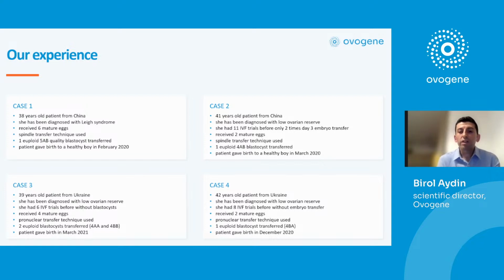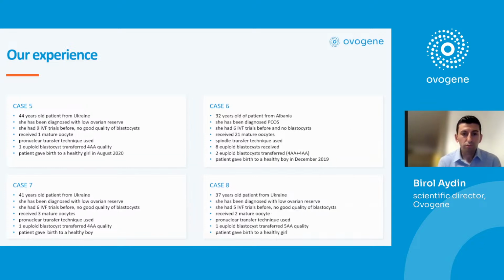But sometimes we are not able to determine the location of the spindle. That is the actual advantage of the pronuclear transfer. If we don't have a chance to find the location of the spindle, we immediately use the other way, pronuclear transfer. But as I said, for pronuclear transfer, we need a fertilized egg, we need a zygote.